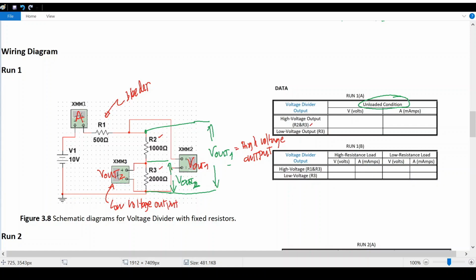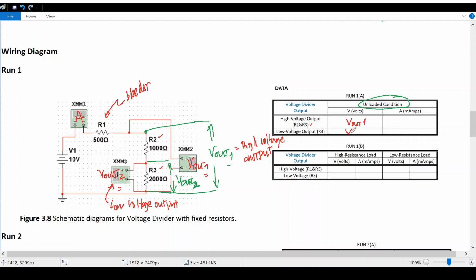So run the program, get the reading of the voltmeter 1, and get the reading of the voltmeter 2. For voltmeter 1, this is the reading of B out 1, and that would be the higher voltage reading.